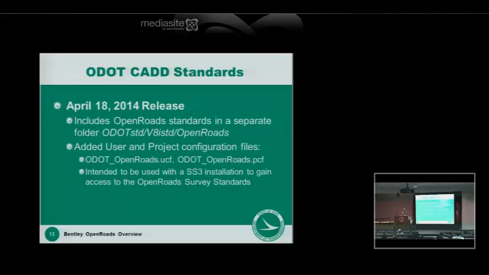What happened was we migrated to, well, if you're on SS3, just use the ODOT OpenRoads workspace. ODOT had put out a V8i SS3 user previously, and my intent was, if you're doing an OpenRoads survey, use this ODOT OpenRoads workspace, and that'll get you the survey stuff. It kind of became, after the fact, just use that one in SS3.